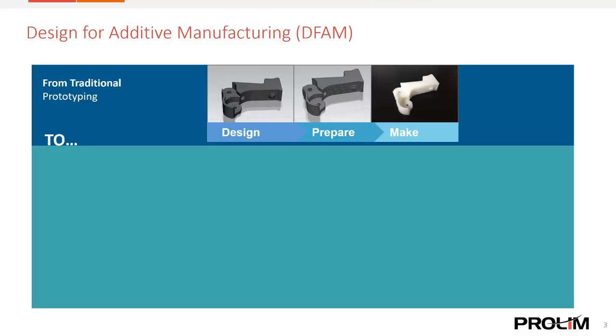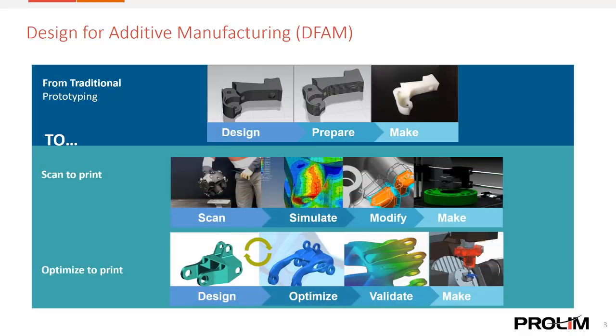Design for additive manufacturing inside of NX is referred to on the Siemens side as DFAM. On the bottom here you'll see optimized to print, the thought process of what we're looking for. Your traditional design is the first picture there in green.